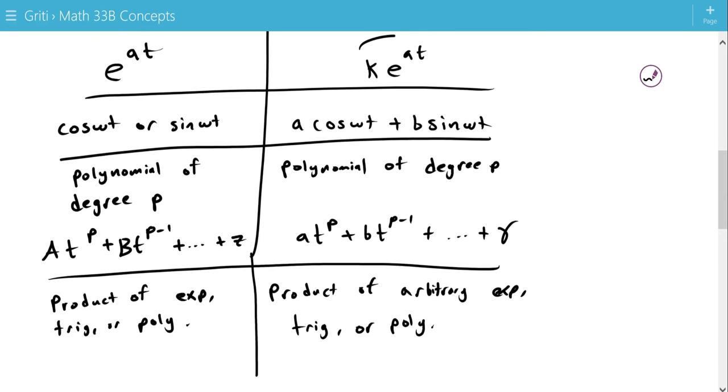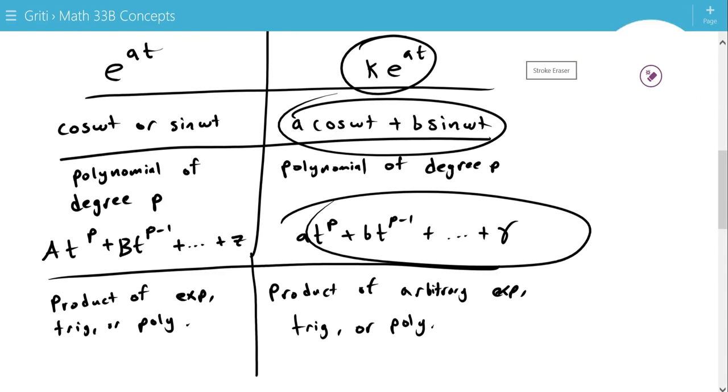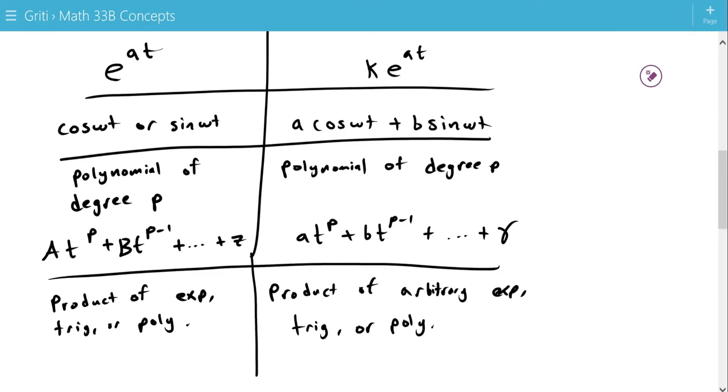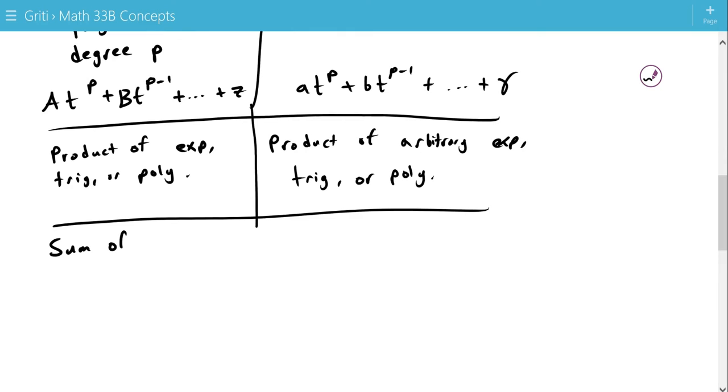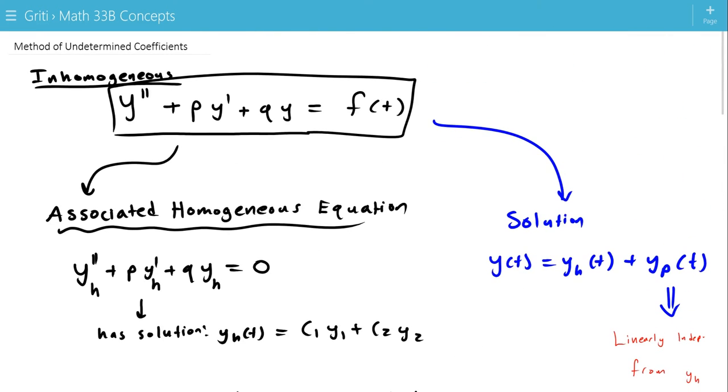We're just going to multiply these arbitrary trial solutions into the product. And the same goes if we have a sum of the same things: our trial solution is also going to be a sum of these. This will make more sense once you see some examples. So that's an overview of the method.